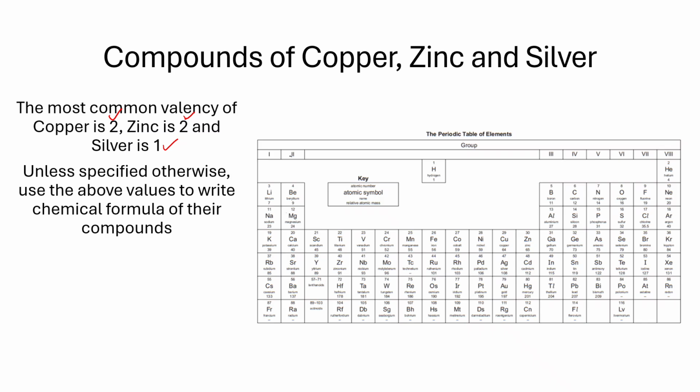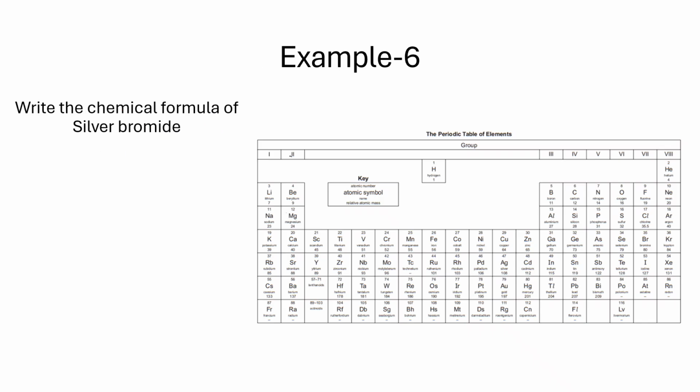So let's see this using an example. For example, if I have to write down the chemical formula of silver bromide. Now silver is placed right here. It is a transition metal. But to our surprise, we don't see any Roman numeral in parenthesis in this specific compound.